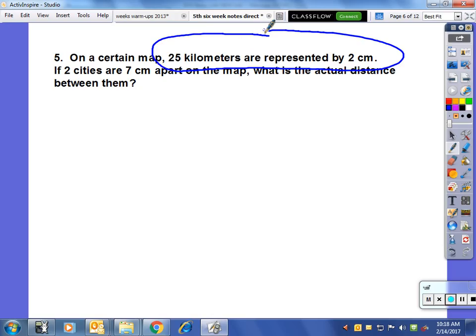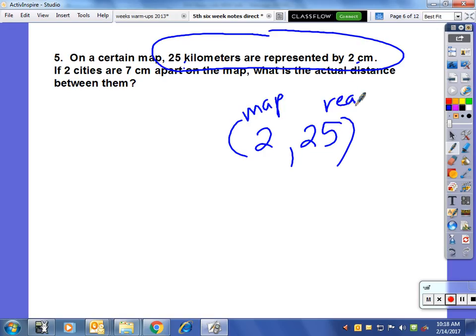The map distance. So which one of these would go in for x and y? Yeah, you're inputting distances from the map, and you're getting back distances in real life. So the input is the map, the output is the real life, because we're using the map to figure out the real life distances.